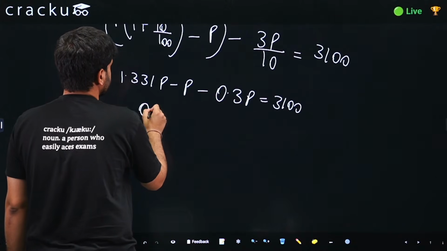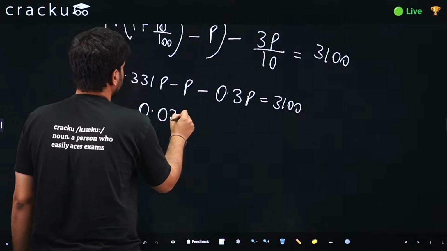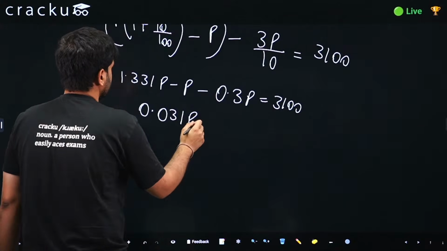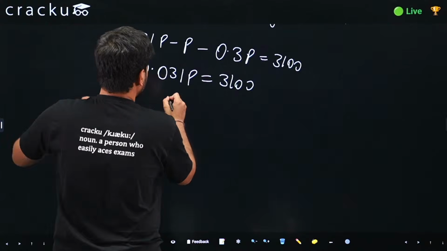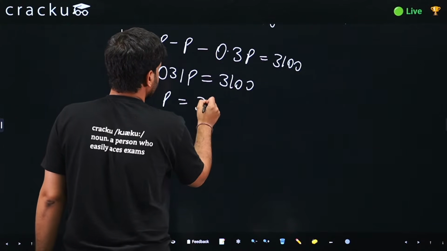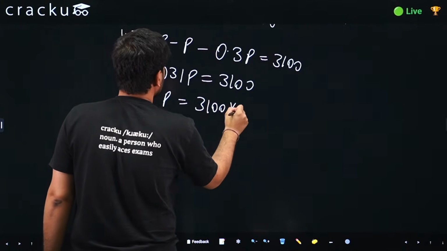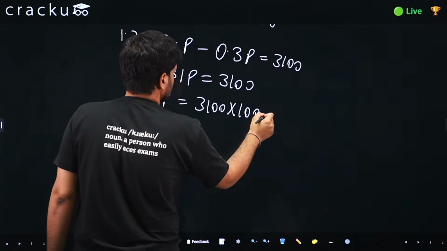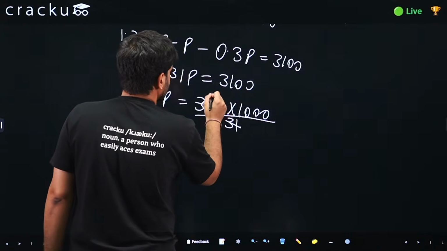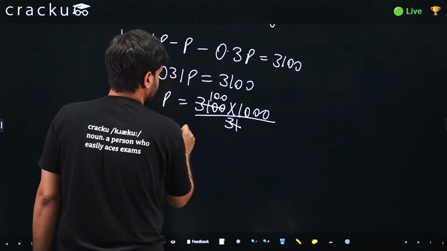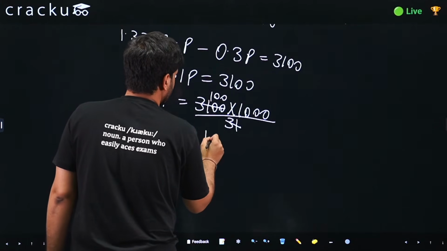This comes out as 0.031P equals 3100. So P comes out as 1 lakh.